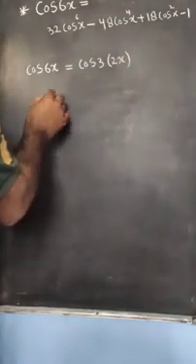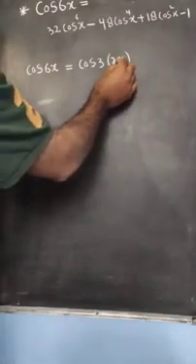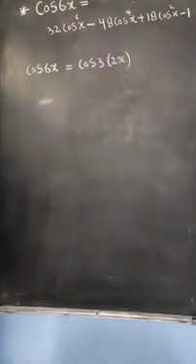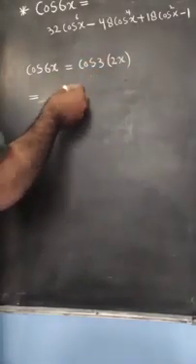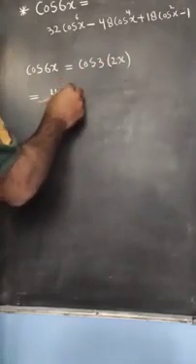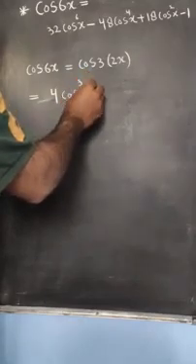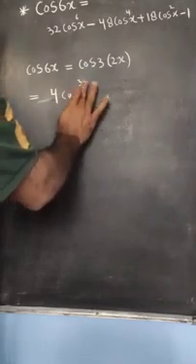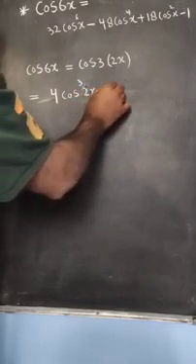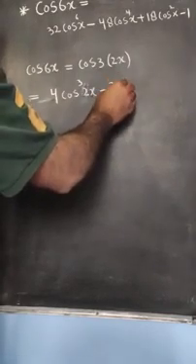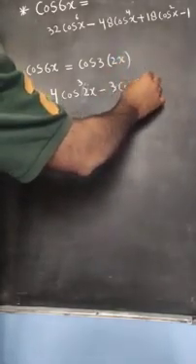Now we know that cosine 3 theta is equal to, here we treat 2x as theta, 4 times cosine cube theta, where theta is 2x, minus 3 times cosine theta, and theta is 2x.